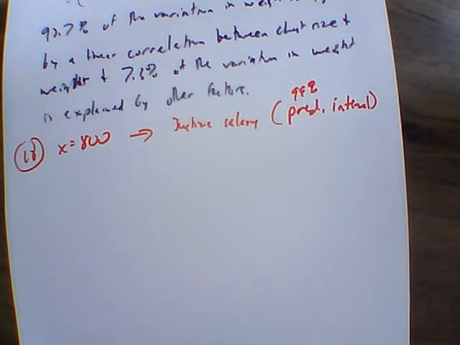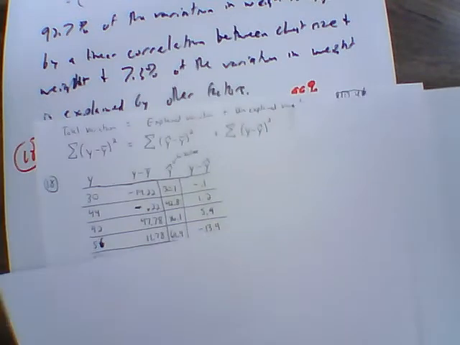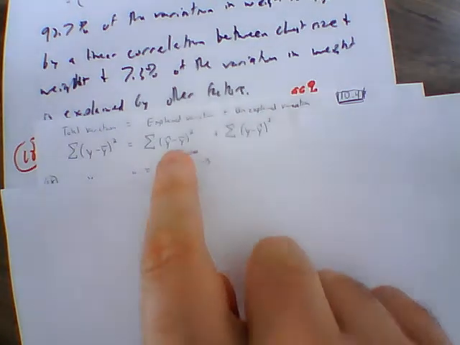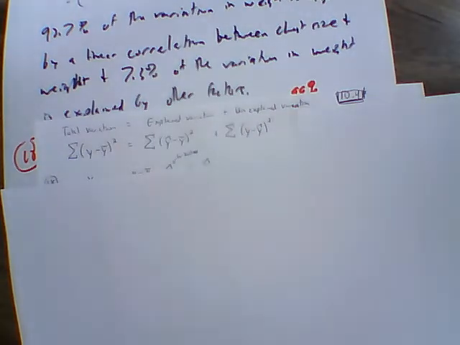Some of the things that we have to start working with is the simple fact that we need total variation. Total variation equals explained variation plus unexplained variation, which we covered in that previous problem. We have our explained, our unexplained, and then our total variation going in here.